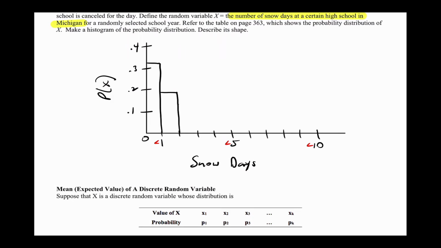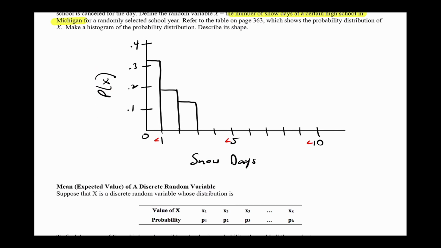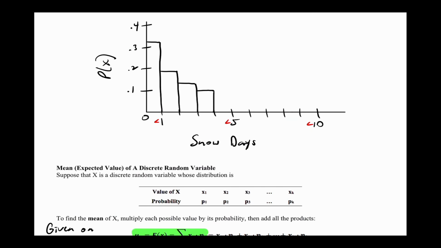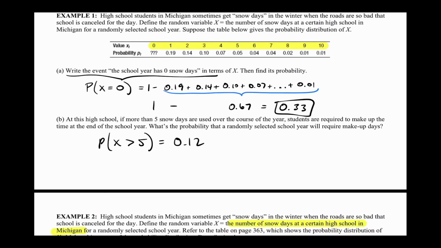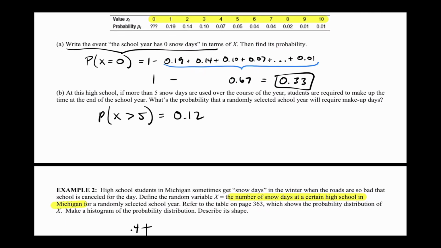Then 0.14, 0.10, 0.07, 0.05, and so on, down to 10.